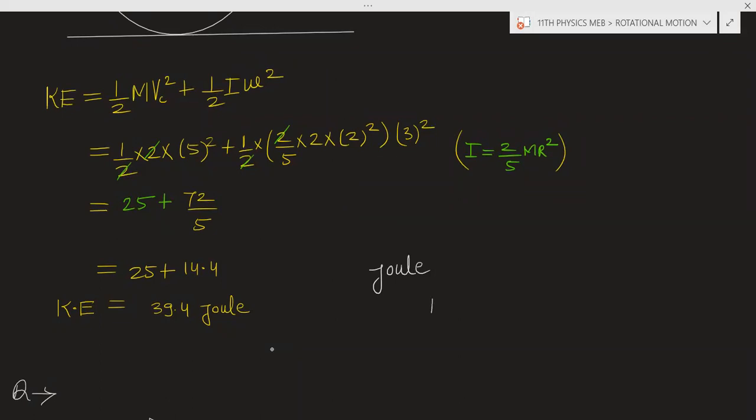If it is written as 1 kilojoule, it means 10 to the power 3 joule. Kilo means 10 to the power 3. For example, 1 kilogram is equal to 10 to the power 3 gram.